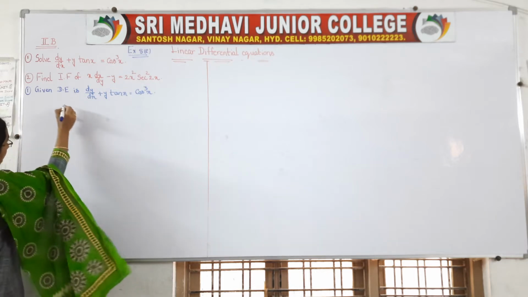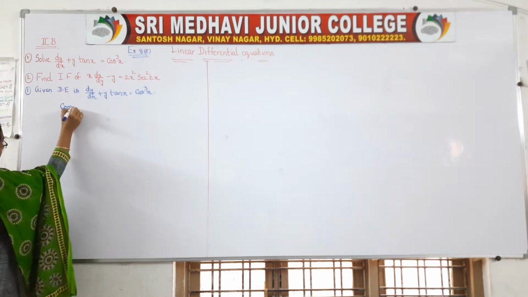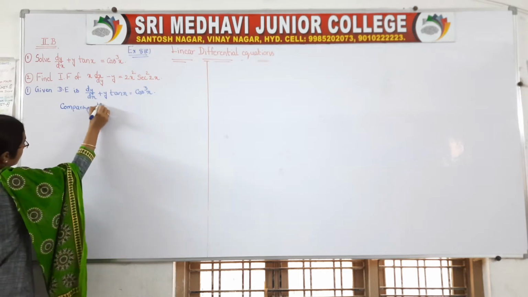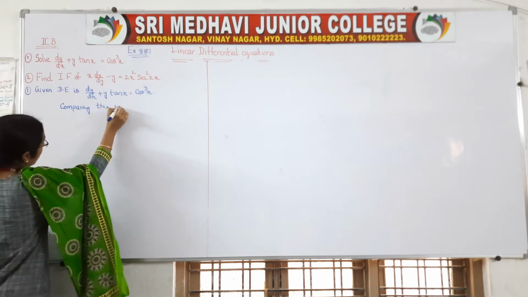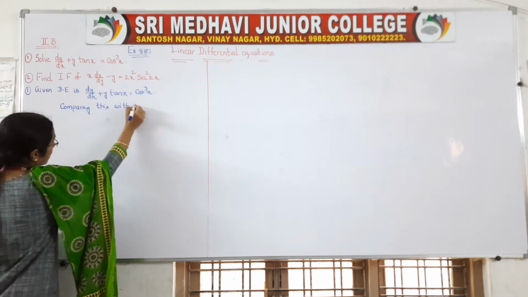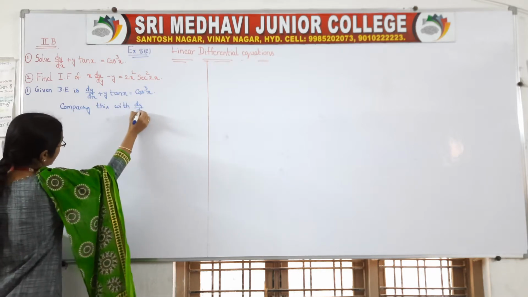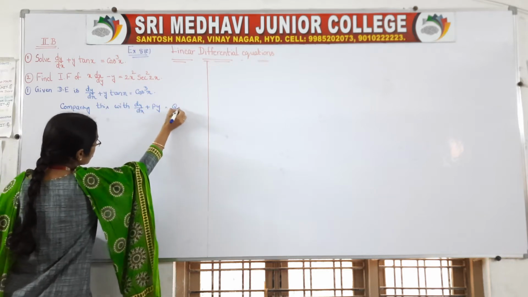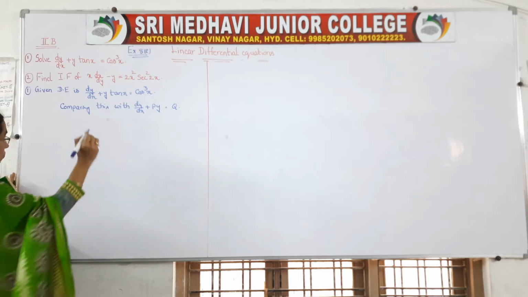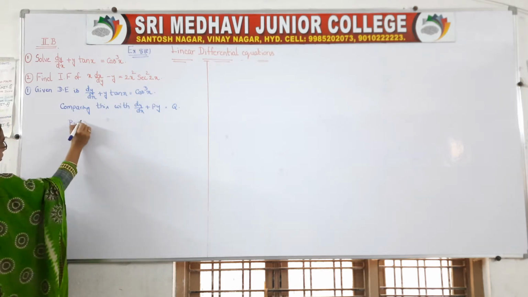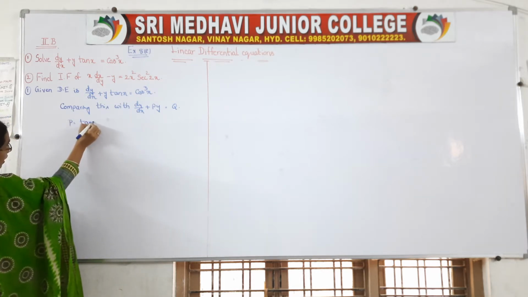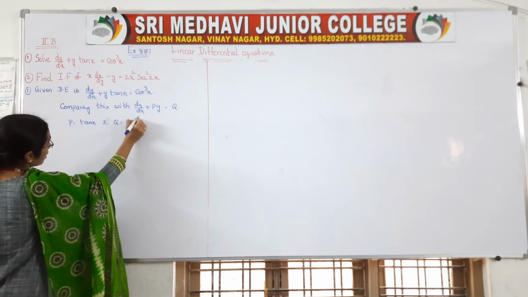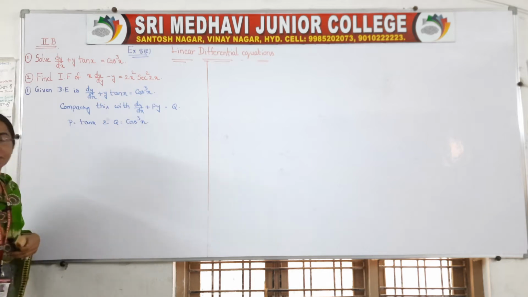Comparing this equation with dy by dx plus py is equal to q, where p is equal to tan x, and q is equal to cos cube x.